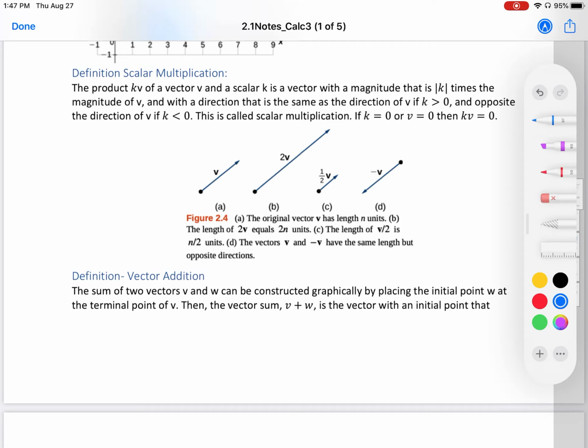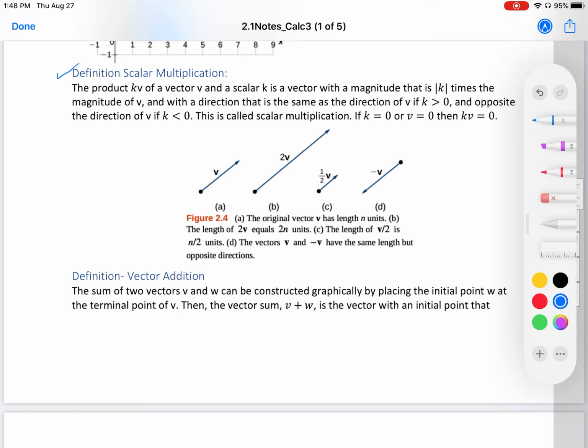Next definition, scalar multiplication. The product kv of a vector v and a scalar k is a vector with a magnitude that is |k| times the magnitude of v, and with a direction that is the same as the direction of v if k is greater than 0, and opposite the direction of v if k is less than 0.